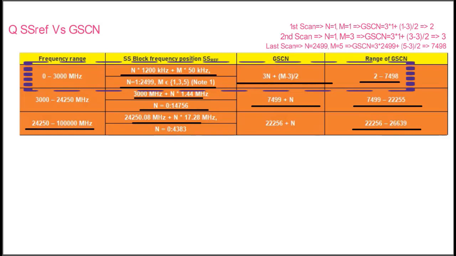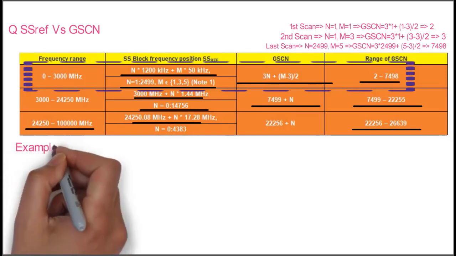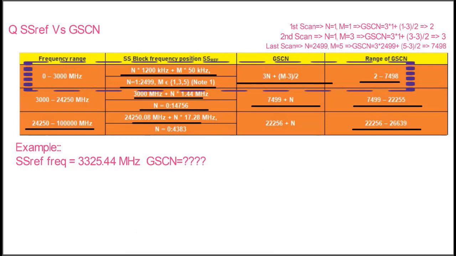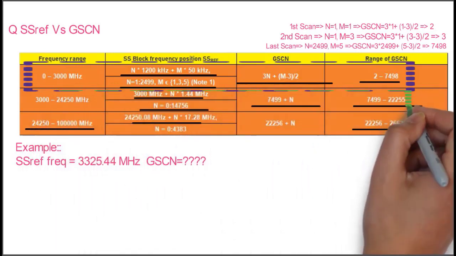Now an example in 5G NR. Suppose the SS block frequency position SSRF equals 3325.44 megahertz, how will you calculate the GSCN? It belongs to the second range, 3000 to 24250.